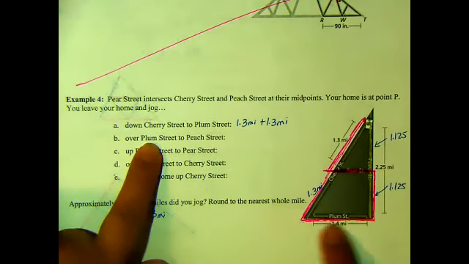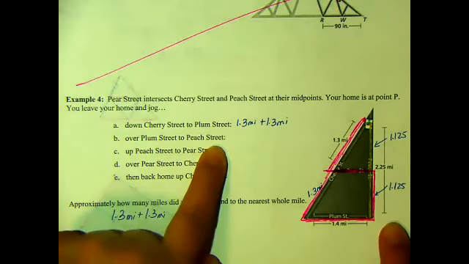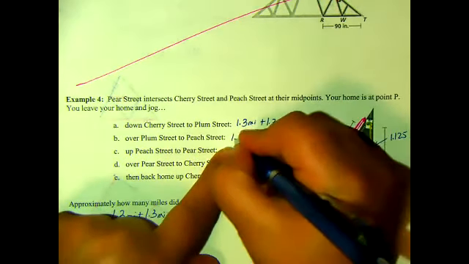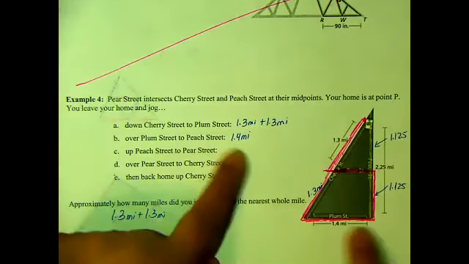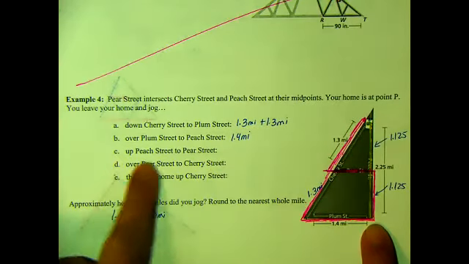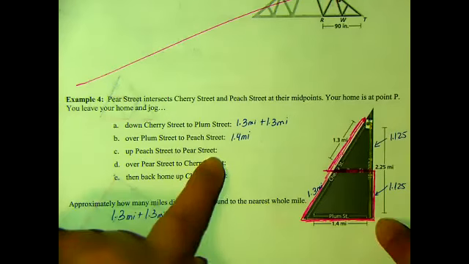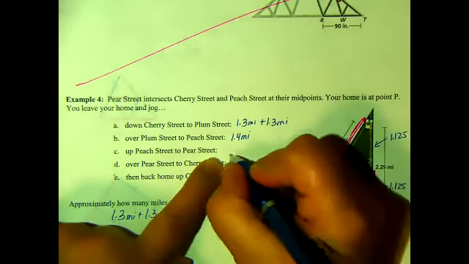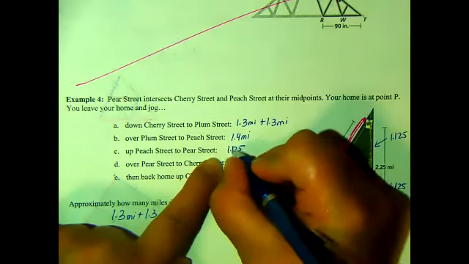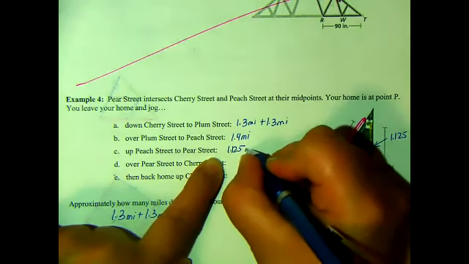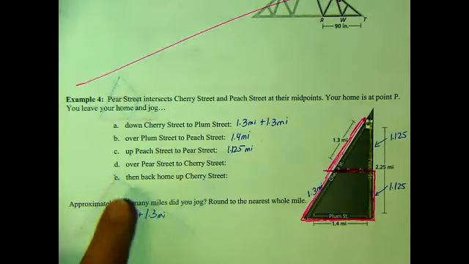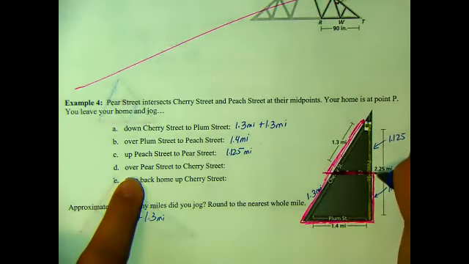And then we went over Plum Street to Peach Street. So that's gonna be 1.4 miles. Up Peach Street to Pear Street. Okay, so that's gonna be 1.125 miles. Apologies.